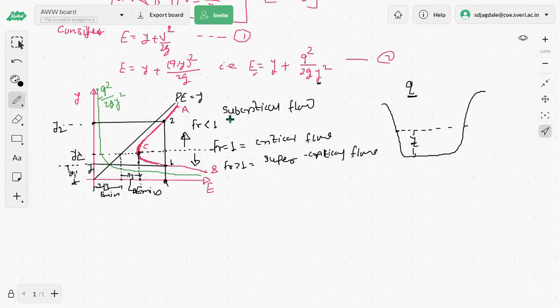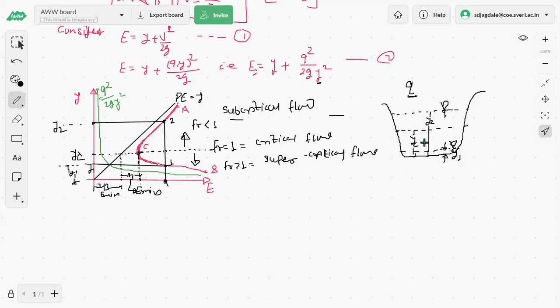Suppose that this will be our depth y2, and this depth somewhere else here is y1. Okay, so with this depth as y1, the same discharge Q we will be able to pass at a depth y1 or at a depth y2 through the same channel section.